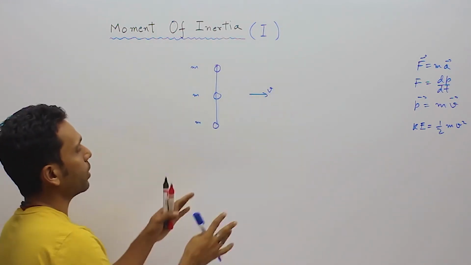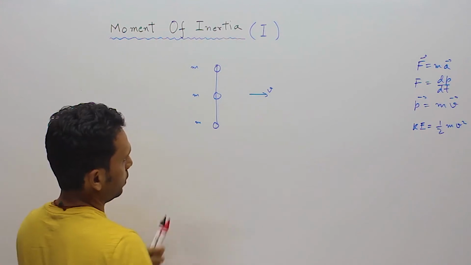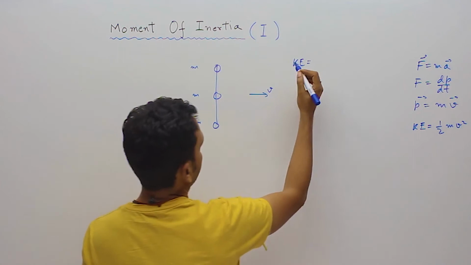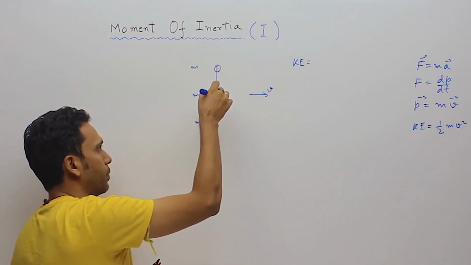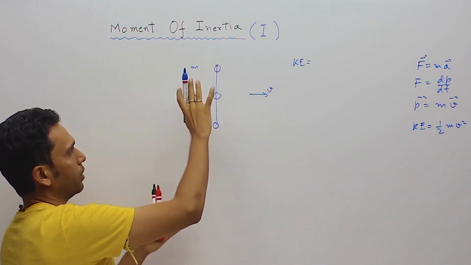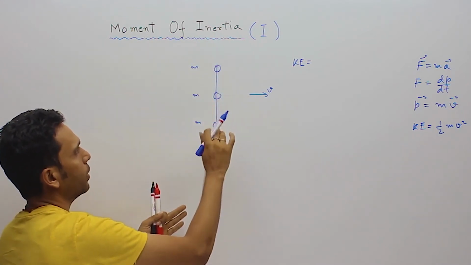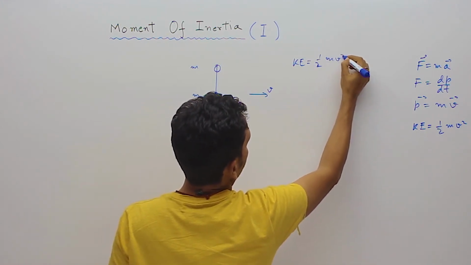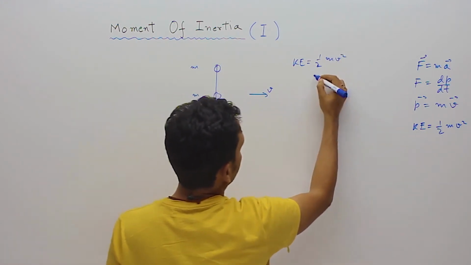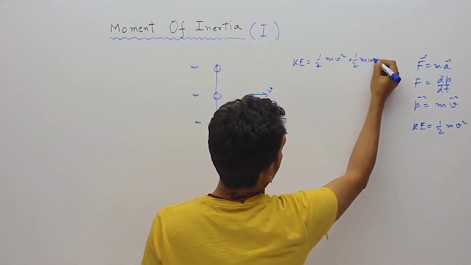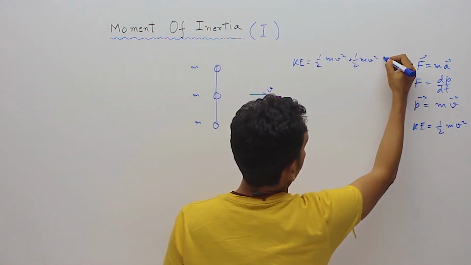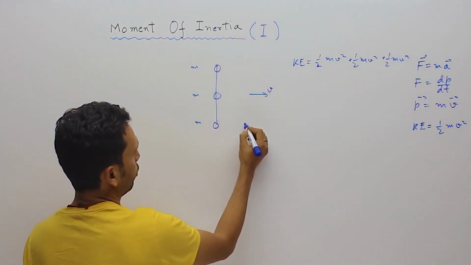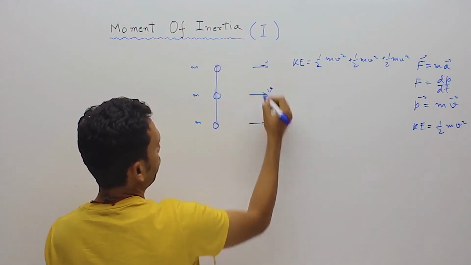Now if I ask you what is the kinetic energy of this body, it would be the kinetic energy of this mass plus that mass plus that mass. The kinetic energy of the whole body is the sum of the kinetic energies of the individual masses. So that gives me half mv square plus half mv square for the other one, and another half mv square for the third one. All three are going with the same velocity v forward.